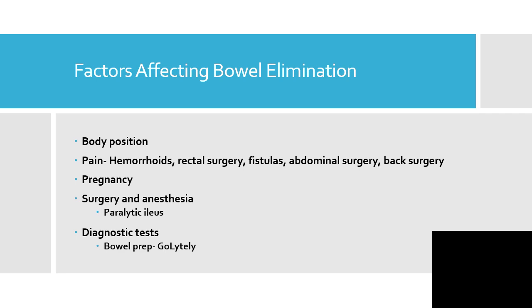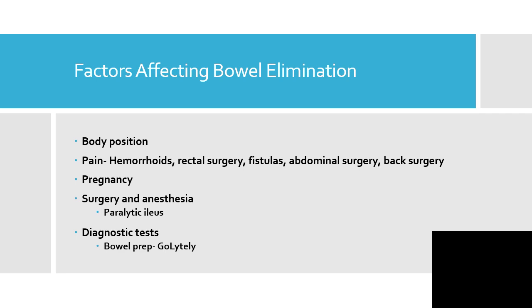Surgery and anesthesia. Mentioned earlier with bladder function that anesthesia can put everything to sleep. This includes the bowels. And along with that, you're also receiving narcotics, which further slow down peristalsis. This can lead to paralytic ileus.